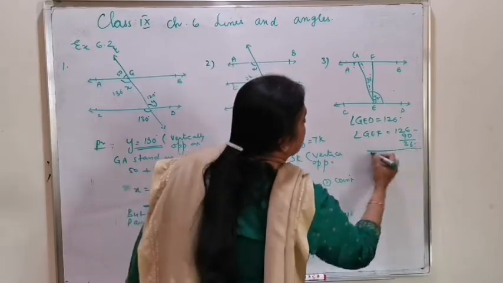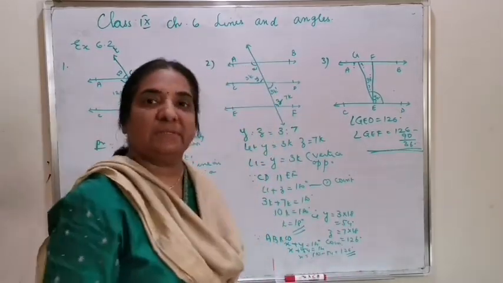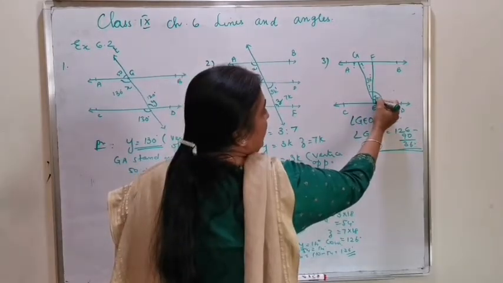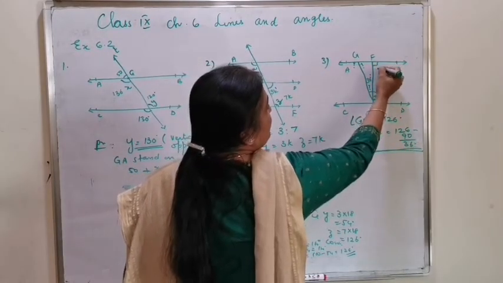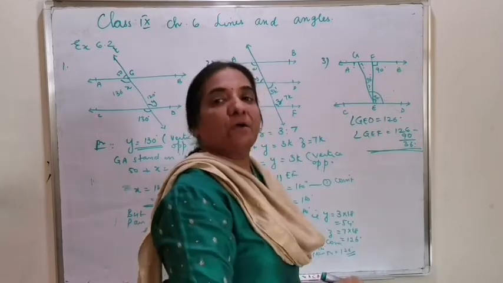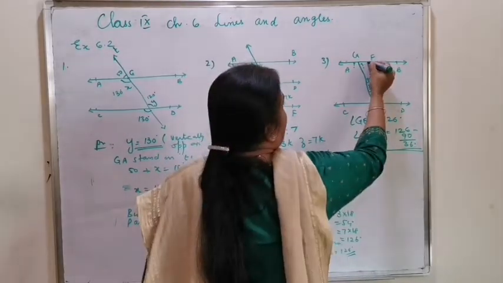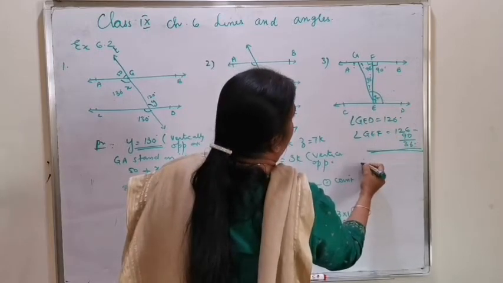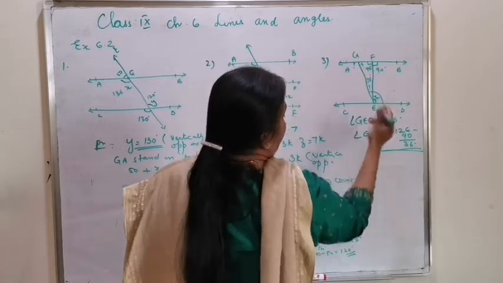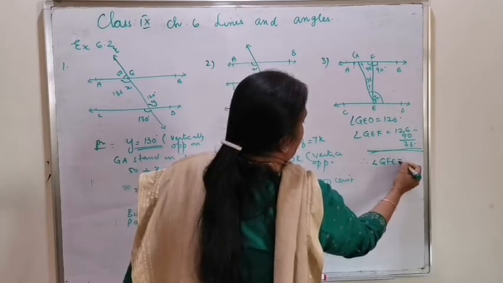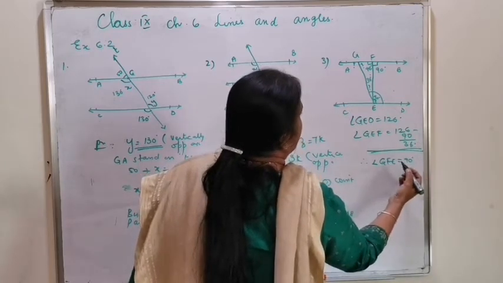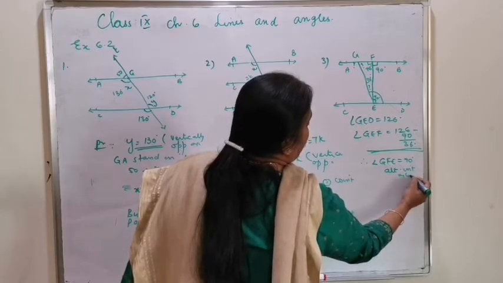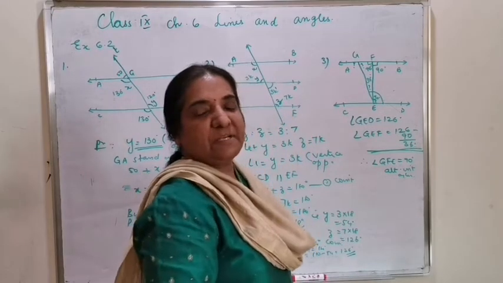So one of the angles, GEF, is equal to 36 degree. Now, if the angle here is 90 degree, here also 90 degree by co-interior angles, again here 90 by linear pair. Therefore, angle GFE is equal to 90 degree. It can be alternate interior angles also or linear pair. Any of these properties you can use.